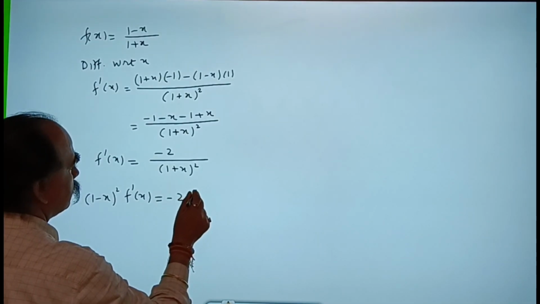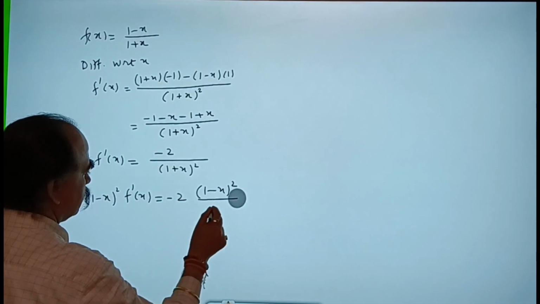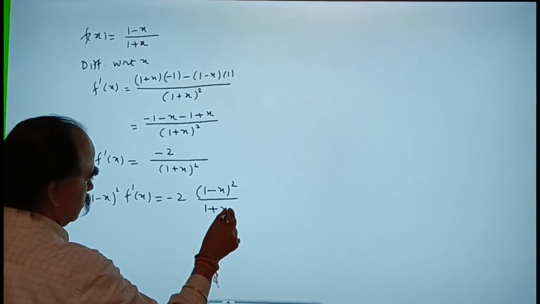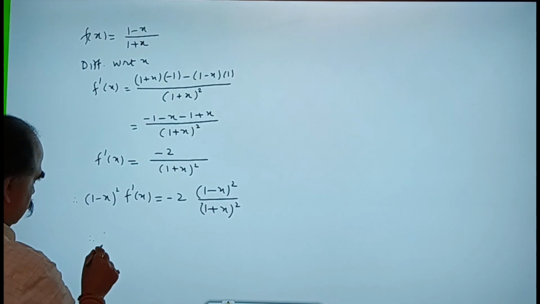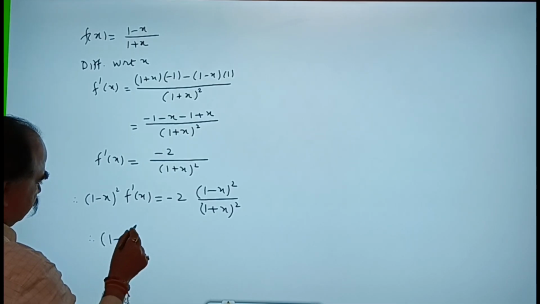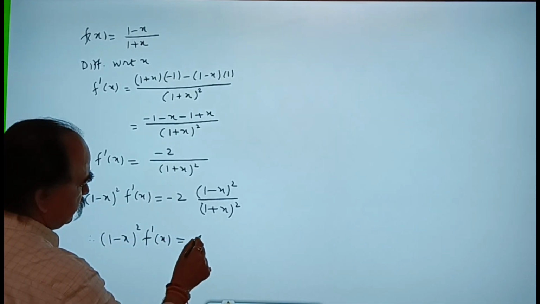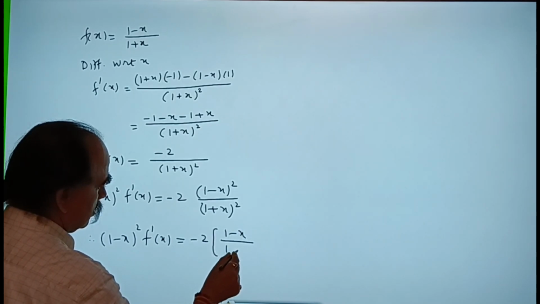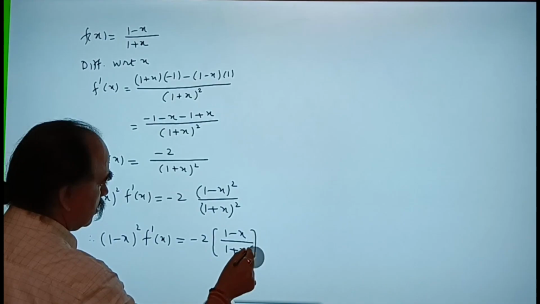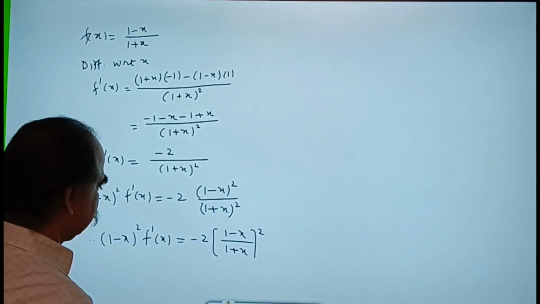Minus 2 into 1 minus x square upon 1 minus x the whole square, that is f(x) square.